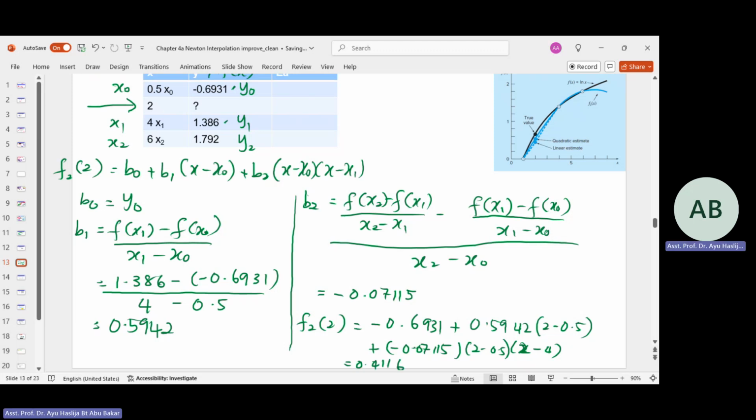If you round up earlier for your B2, it doesn't matter. But later on, I think for F2, you will get a slightly different value. This one is quite fixed. The other is 5.